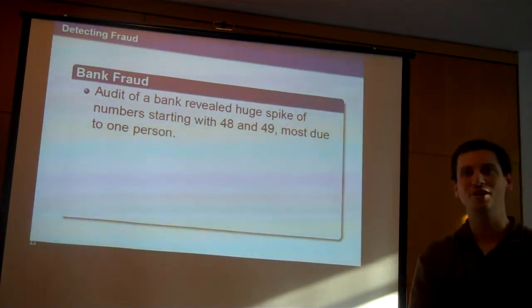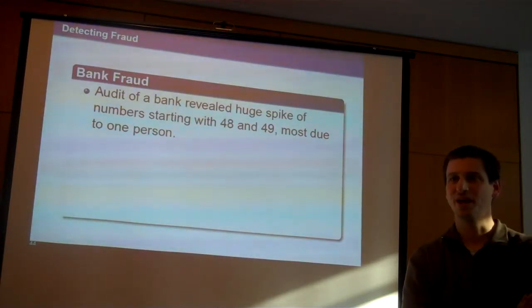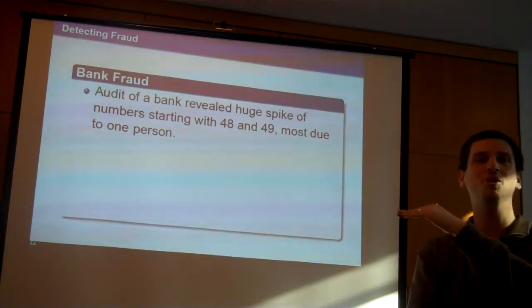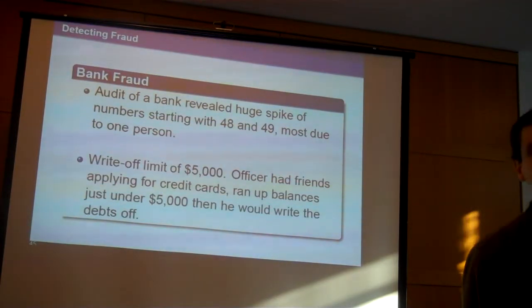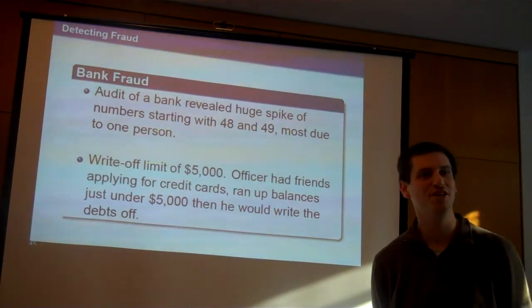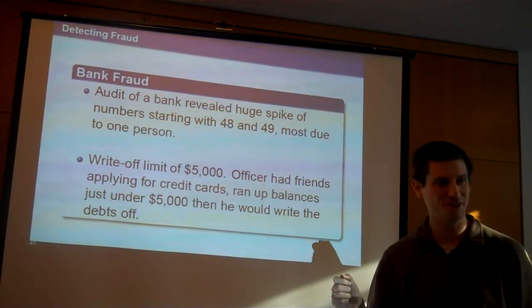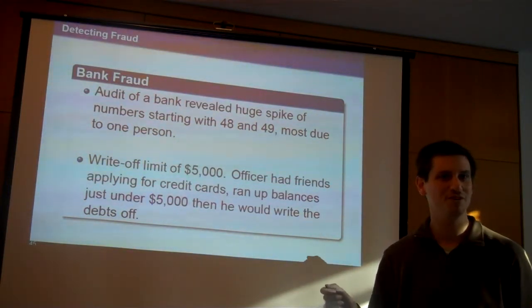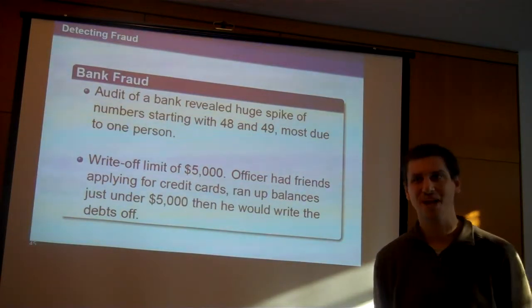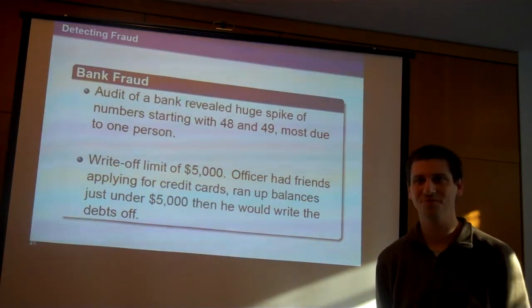And so they would wait until their friend picked up the phone. And so they were staying just below the trigger. The trigger was $5,000. And as long as they stayed below the $5,000, the person at the credit card company could just write it off without having to file any superior reports. And it was detected by using Benford's law.